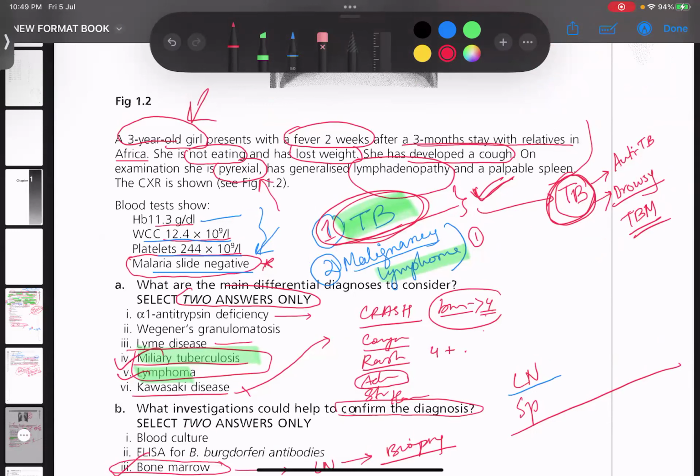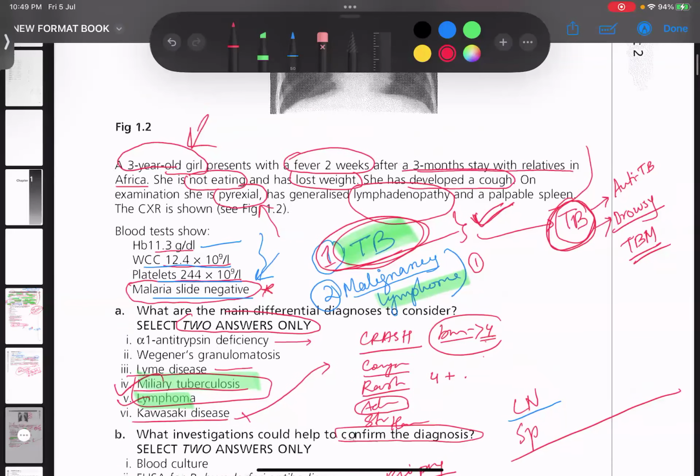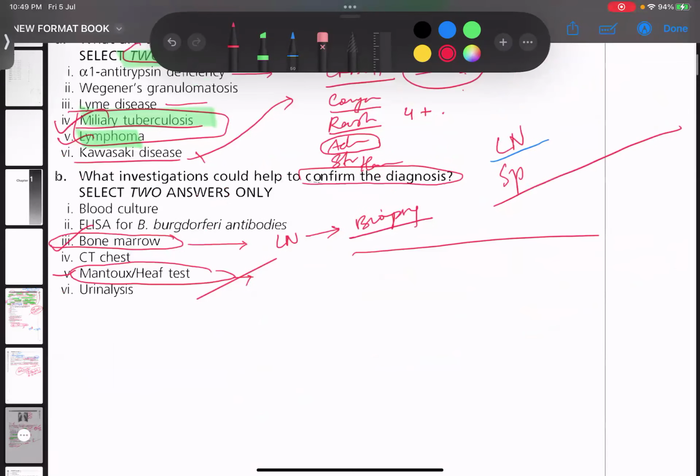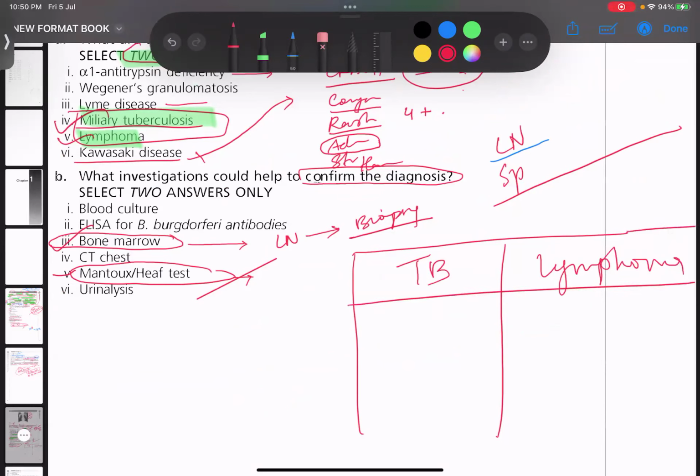Are we clear with this case? It's a very shadowy case. Usually in the exam, they used to give us 'select any 2 answers' or 'select any 3 answers' previously. But from this September attempt, again, they are going to make it all best of 5 answers. So when you're solving questions, even right now when you're practicing, I would suggest you write TB and lymphoma. You can't have 2 diagnoses in best of 5. That will be 1 diagnosis.